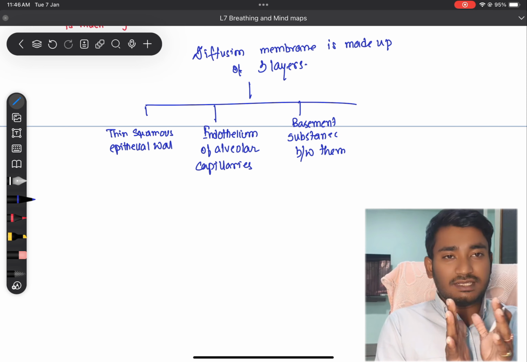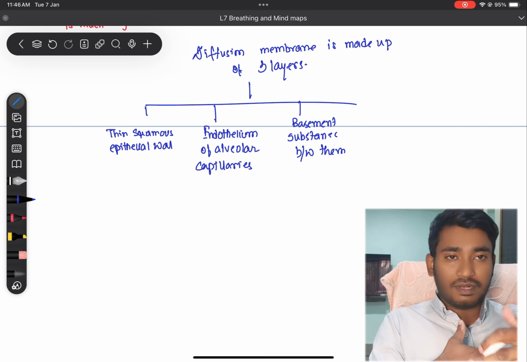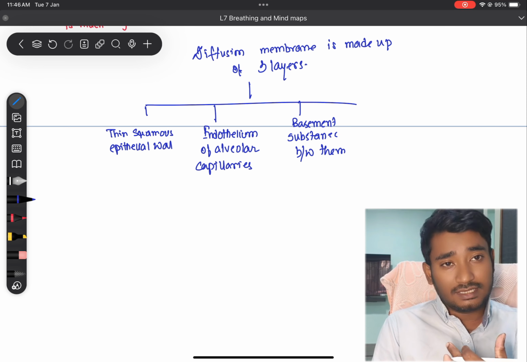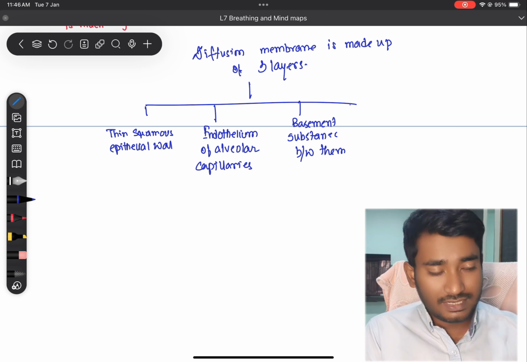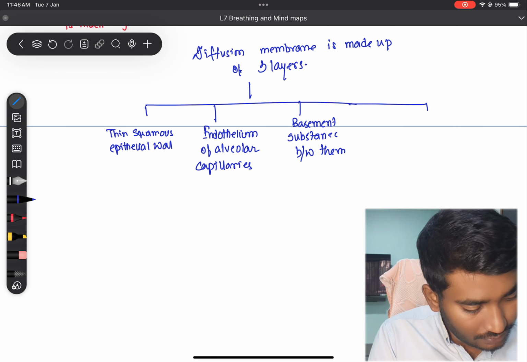I have drawn it with yellow colors. Just see the notes or videos in my previous lectures, you will get it.